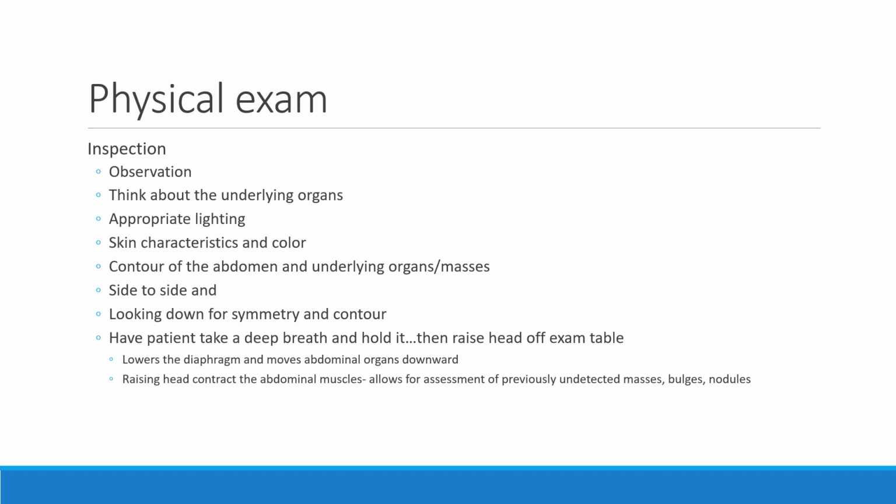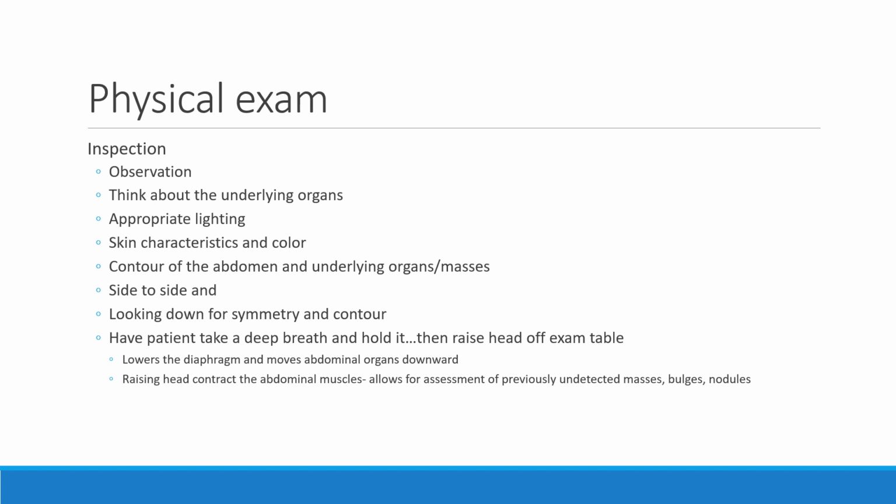Is it midline without hernia or nodules? What is the contour of the abdomen? Contour is either described as flat, scaphoid, rounded, or protuberant. In the next slide, I show photos of what these are. And the contour of the abdomen is associated with nutritional status, gas, enlarged organs, masses, or fluid.